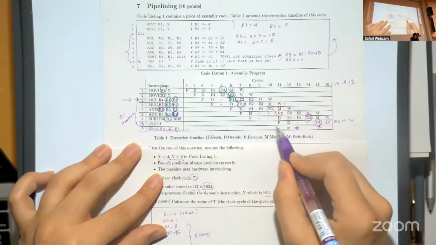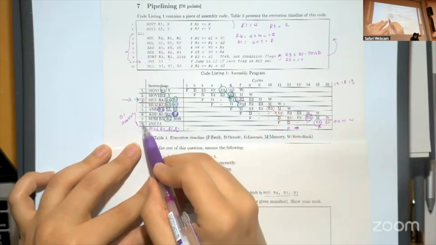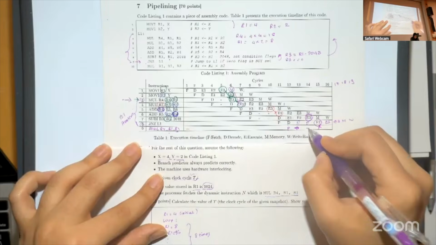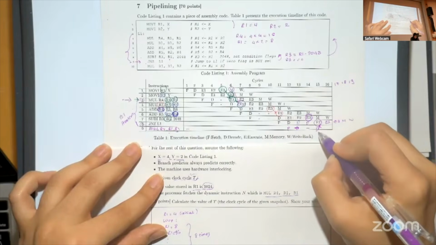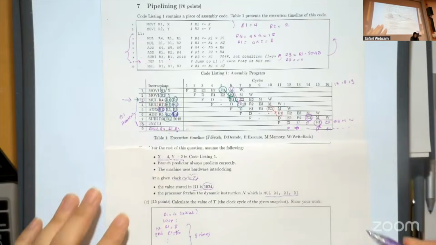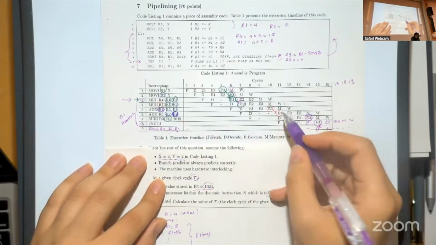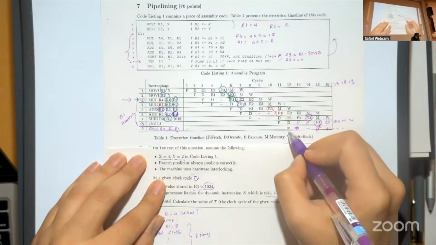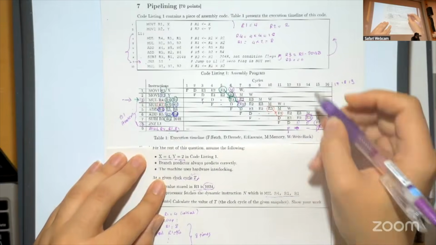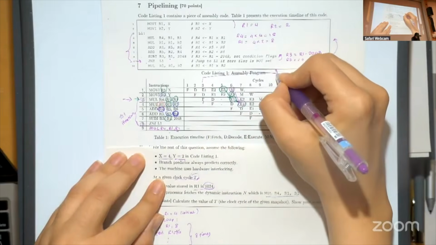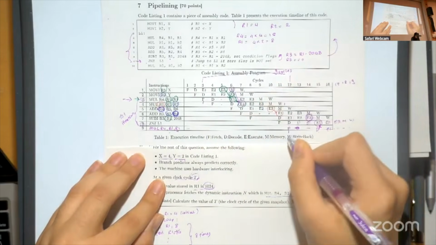So we cannot move on to decode because this instruction stays at decode at these points, right? And then when it's ready, we will get the decode stage and then execute and go on. So you can see that the first loop was fetched at this point, and the next fetch is here, it takes 9 cycles until the next fetch.